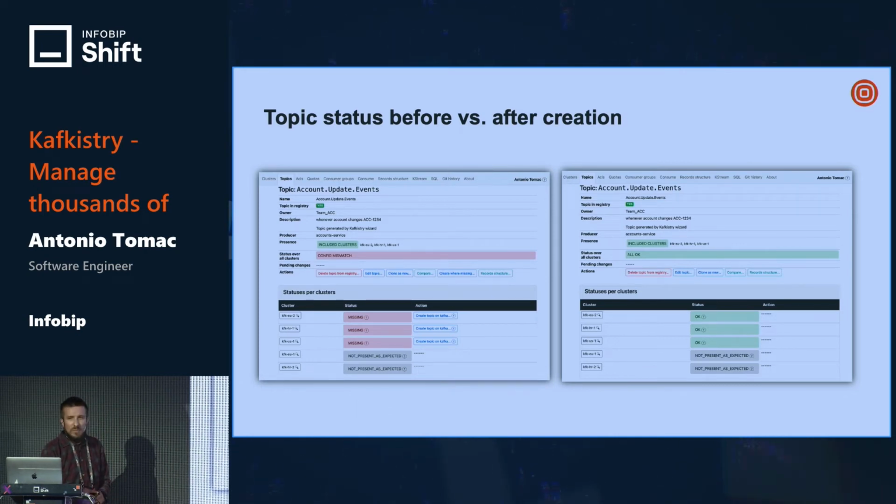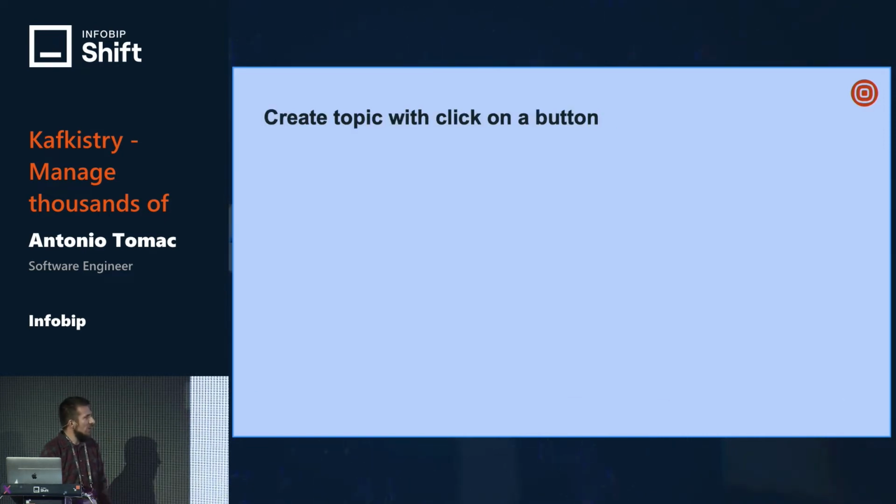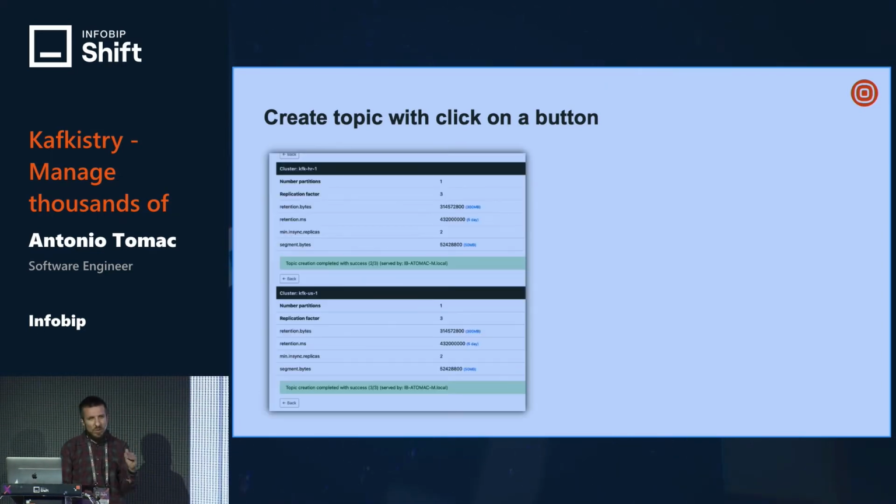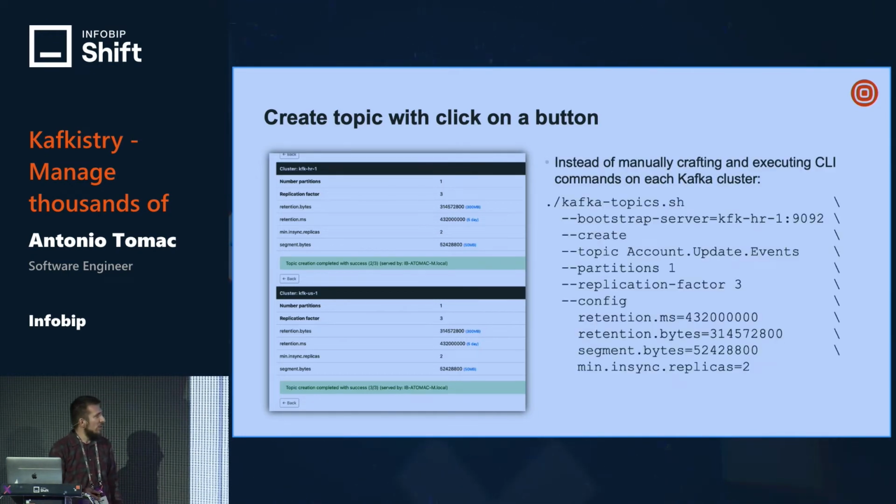And you may ask how we actually create the topic. It's just a matter of clicking on a button, and Kafkistry will connect to all clusters that it needs to, and call some Kafka API to execute the creation. In comparison, if we would write the equivalent command manually, we would need to write something like this.